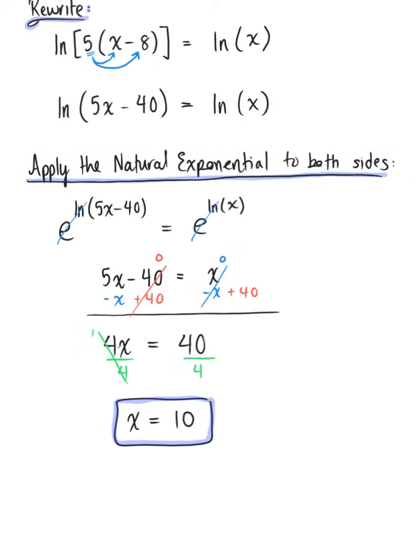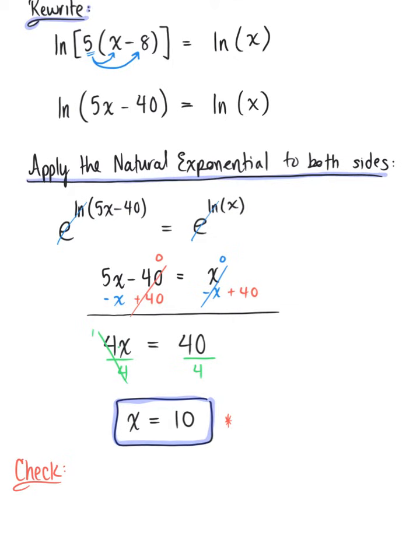Now, just for fun, because math is fun, let's make sure that this is in fact the correct final answer. Now, how can we do this? Well, we can double check our work by substituting our potential solution here into the original expression.